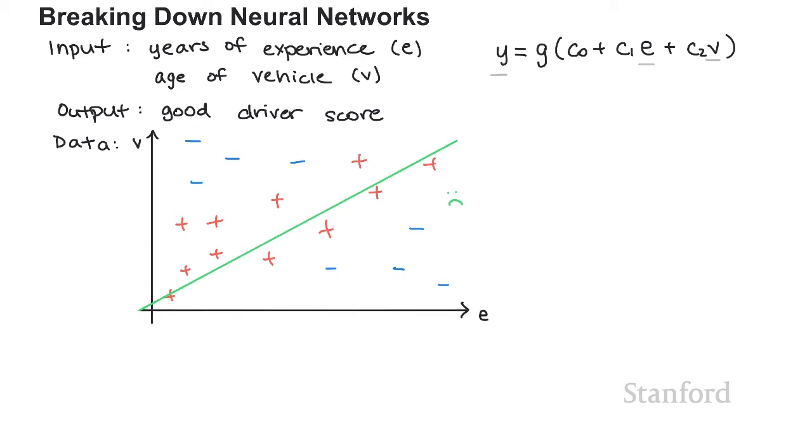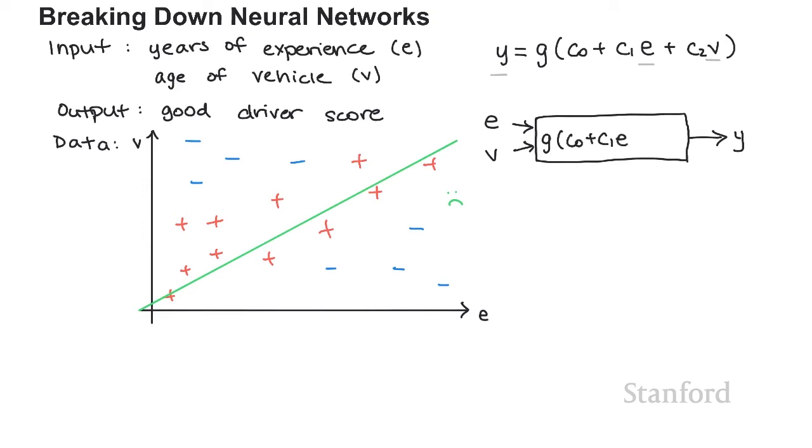Well, if you remember from the previous video, we can actually represent this model as a picture as well. So we would have the inputs e and v, and it would get passed into the function, which we would express as a square, and it would output y. And this function over here is exactly g of C0 plus C1e plus C2v.